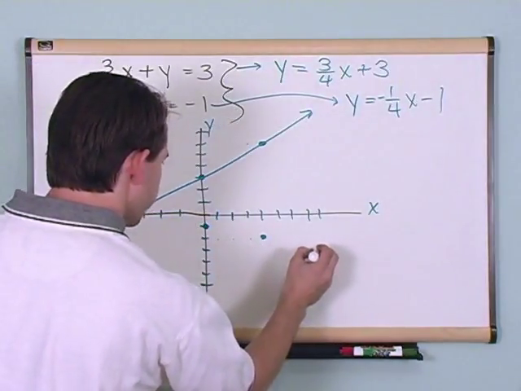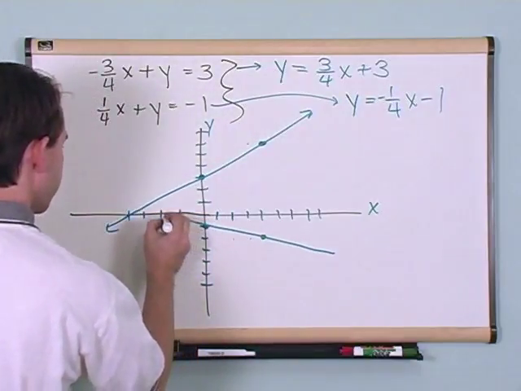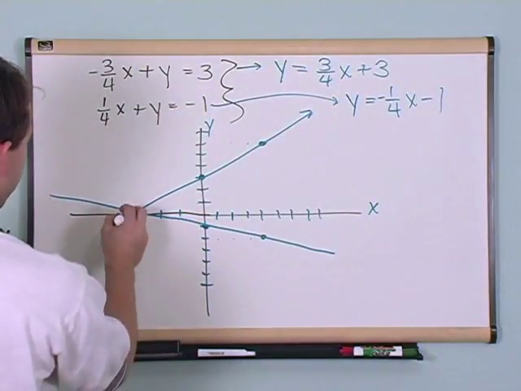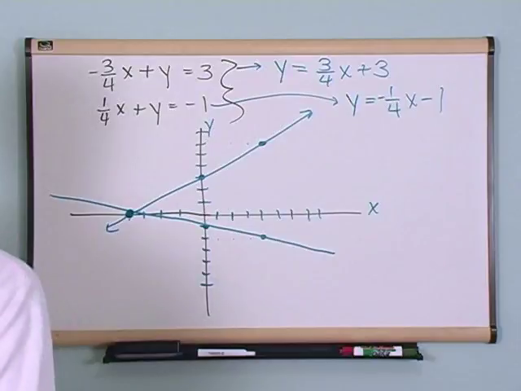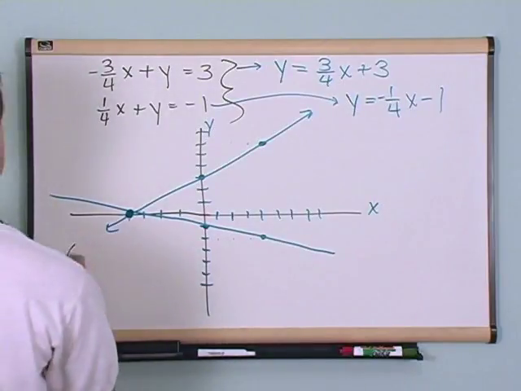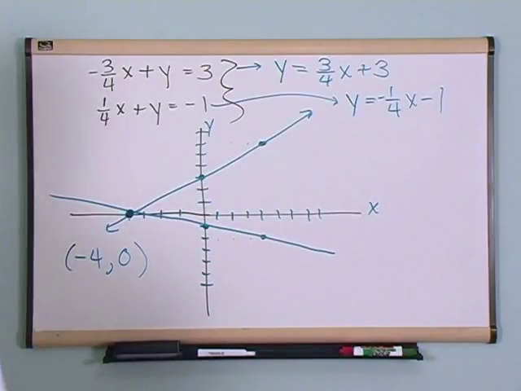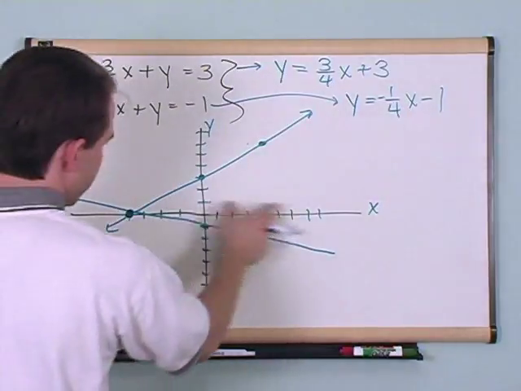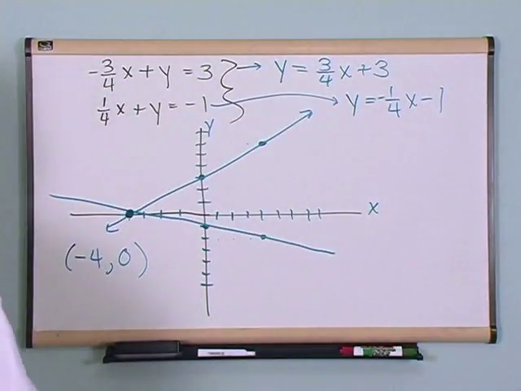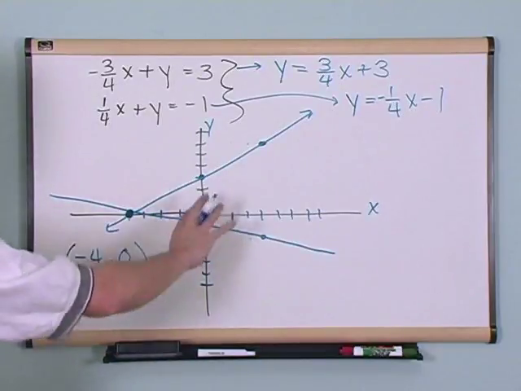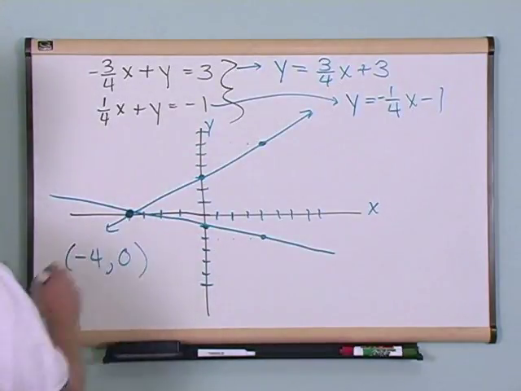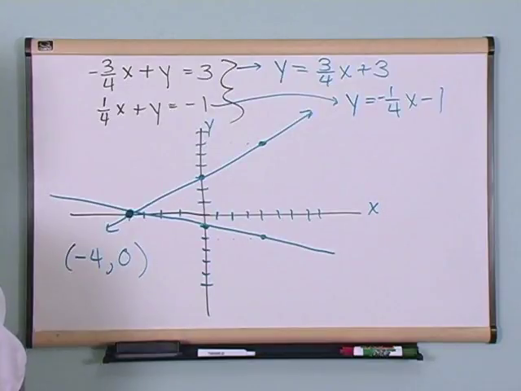Then I'm going to draw this line like that, and it's going to come over here pretty darn close to this point right there, which is negative 4, 0. Okay, and that's the solution. And again, my tick marks aren't exactly perfect, but if you're using graph paper, you'll be able to get those spaced out nicely, and the point is the same. That's basically how you solve systems of equations by graphing.